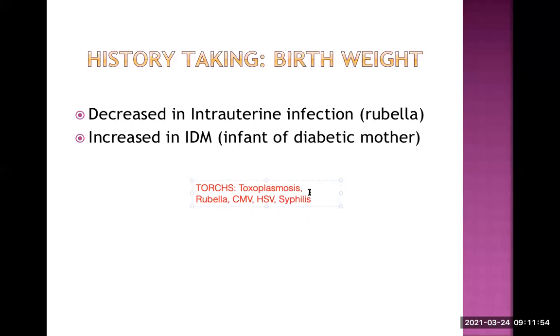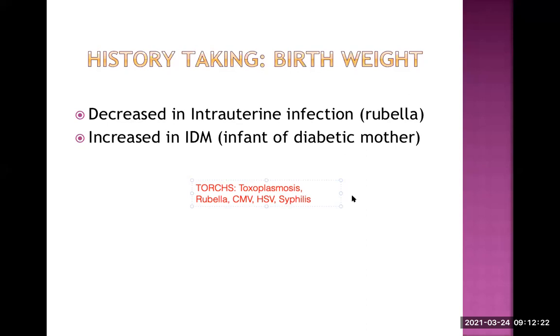Now, what I'm trying to explain here is that any of these can lead to decreased growth of the baby, which is known as IUGR. IUGR babies look quite small at the time of birth, so birth weight is smaller. IUGR is also commonly known as SGA, small for gestational age.